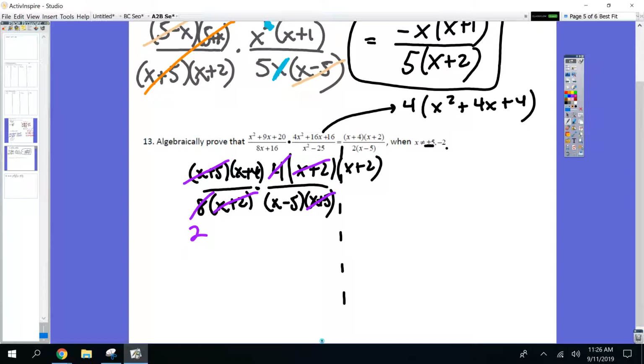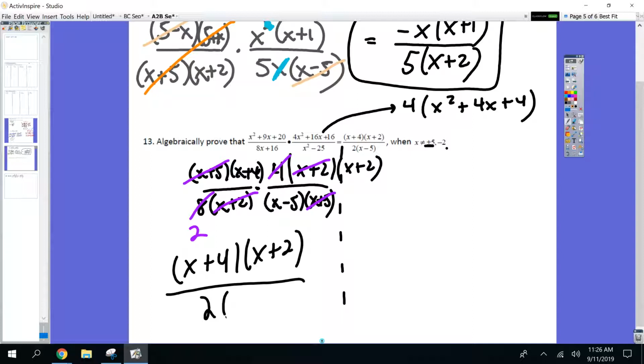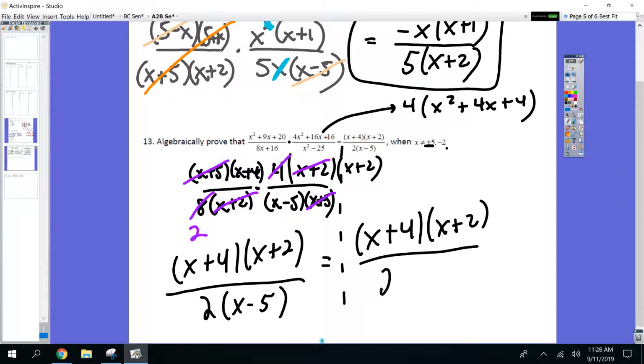X plus 4 and x plus 2 on the top. And then on the bottom, 2. Oh, look at that. Perfectly matches. And you know how we finish it? Show me that they match and give me the check mark. We did it.